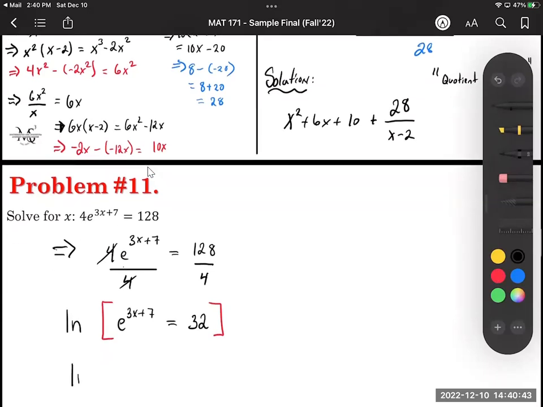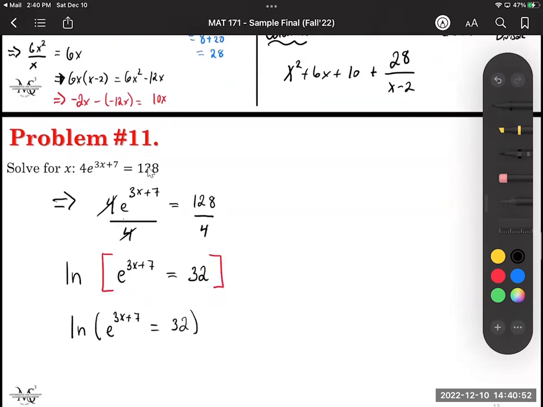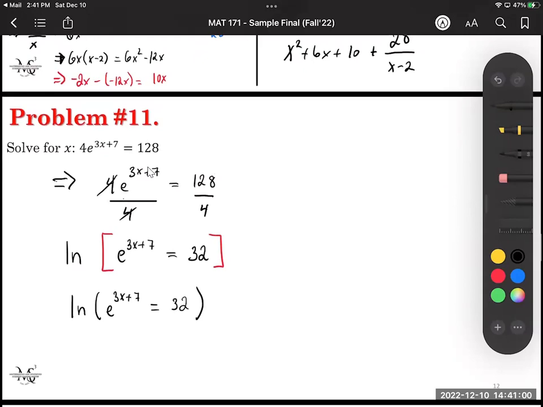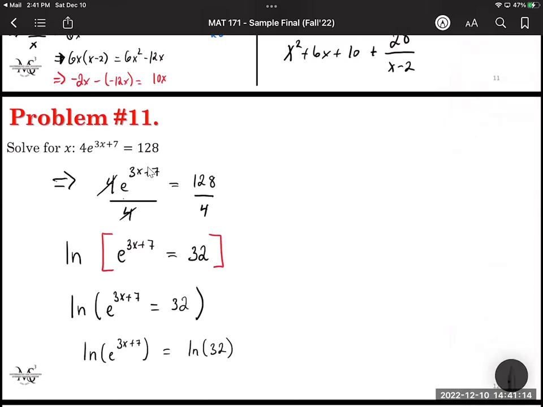So this will give me ln of e raised to the power of 3x plus 7 is equal to ln of 32. Now, there's an important property about ln's. This is a property of natural logarithms, or logarithms in general.